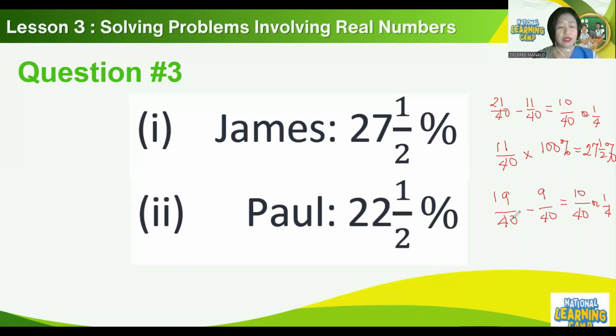So therefore, the percentage of the company Paul needs to sell equals 9/40 times 100%. So it is equivalent to 22 and 1/2%.